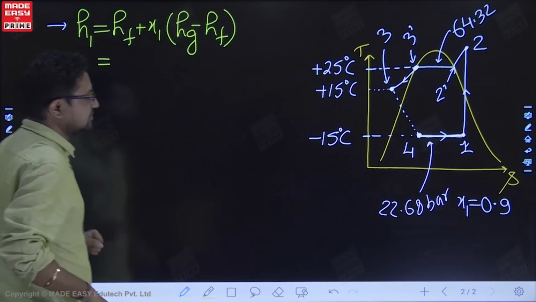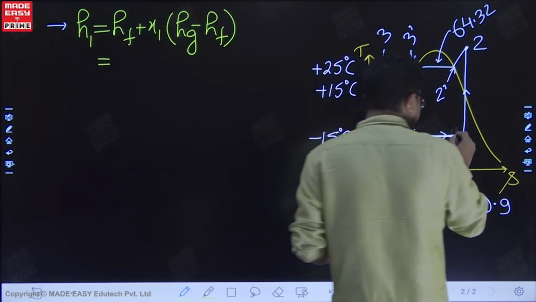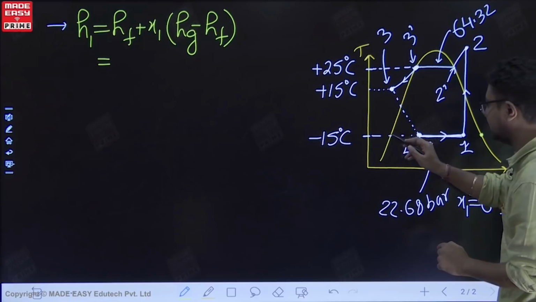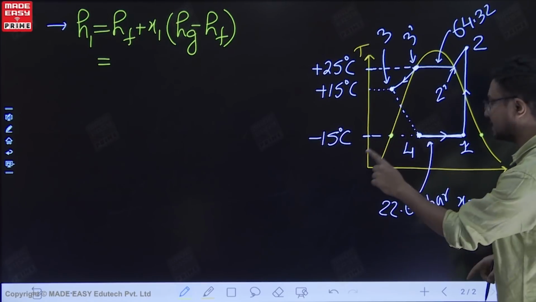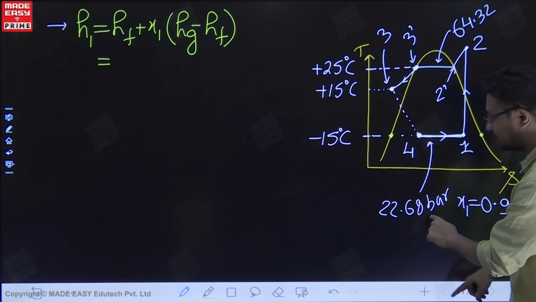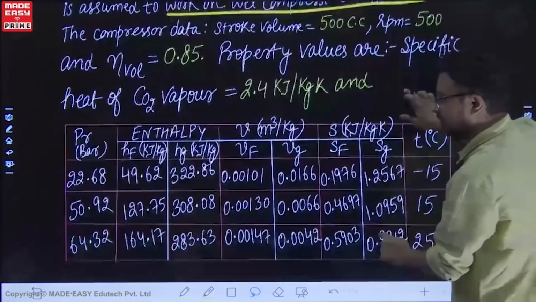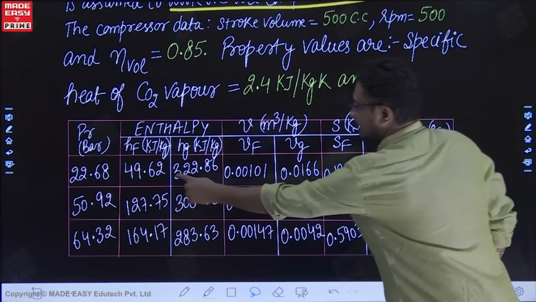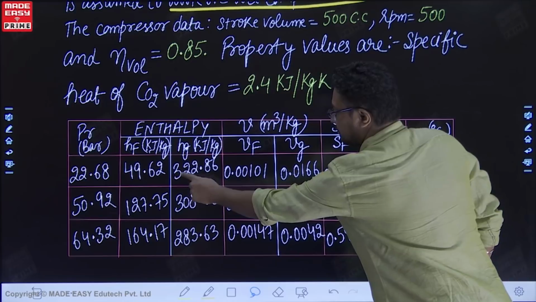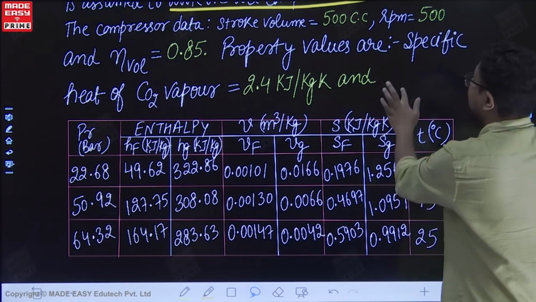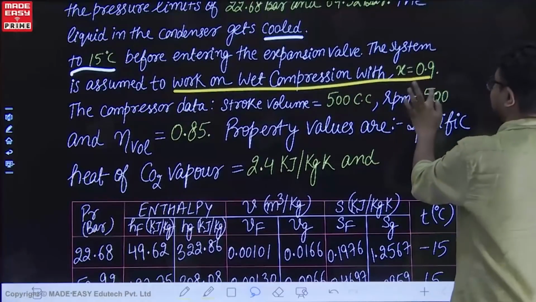So H1 we have to calculate. Corresponding to this temperature, this will be Hg and this will be HF. The data is given in the table. Corresponding to this lower pressure, 22.68, we have HF and Hg as 49.62 and 322.86. We also know the dryness fraction, 0.9.